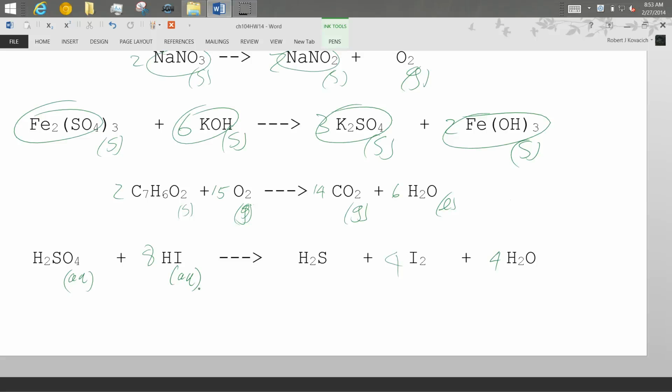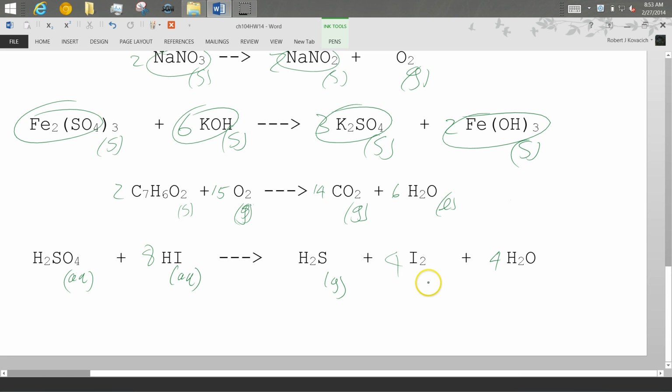This is the rotten egg smell, right? So it's a gas, yeah. And iodine, you can just look that up on the table, that's a solid. And then we'll just write down liquid for water. And nobody up here is ionic. So no circles.